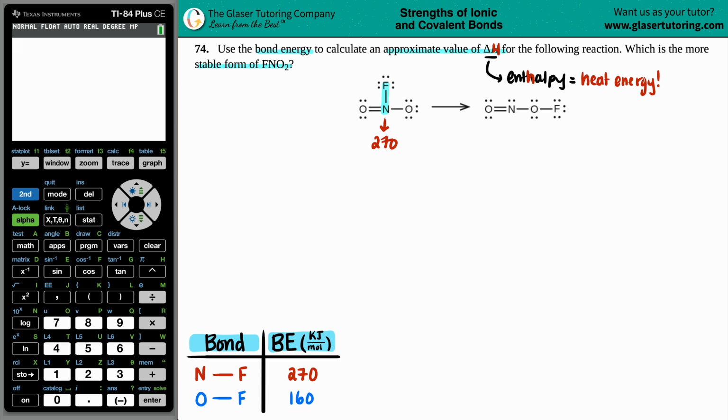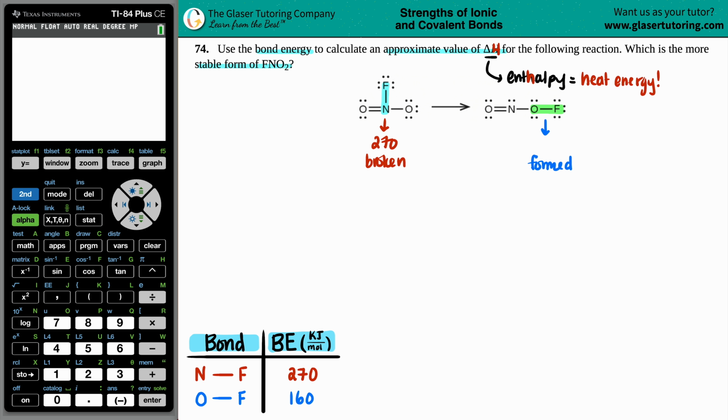Now, is there any other bond that's different? Well, on the product side, I see that I have a new bond. I have an O single bond to an F, which is not on the reactant side. So this had to have been formed. So let's just say that the 270 was broken, and this one, whatever this number is going to be, that's a bond that was formed.